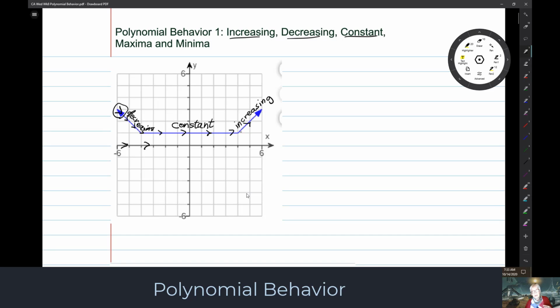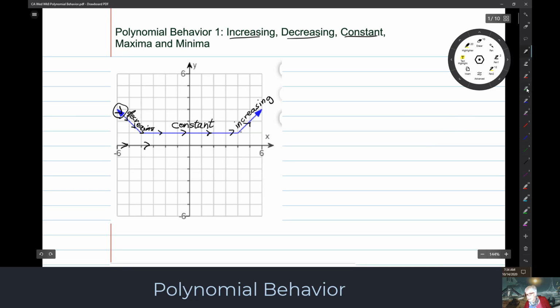And there's a mathematical definition of decreasing and increasing, but looking at a graph is usually enough to let you know what's going on if you remember left to right. Okay, so what we're going to do is just talk about the intervals of the x-axis on which the graph is increasing, decreasing, and constant. So let's do that right now.